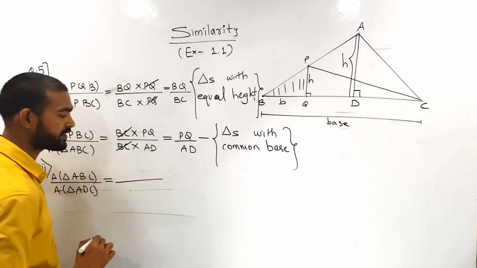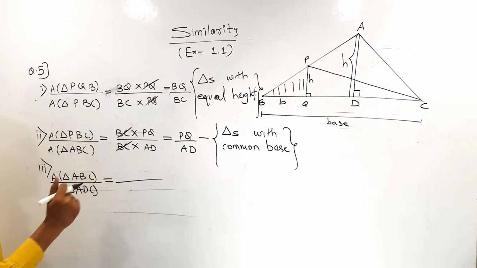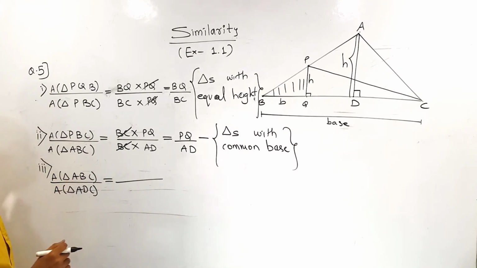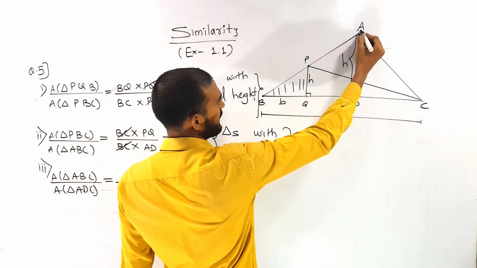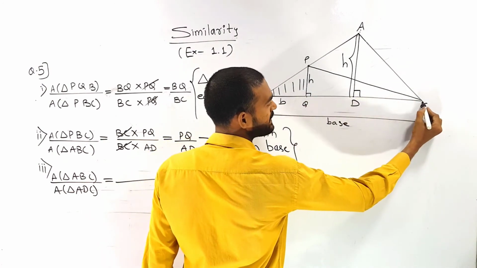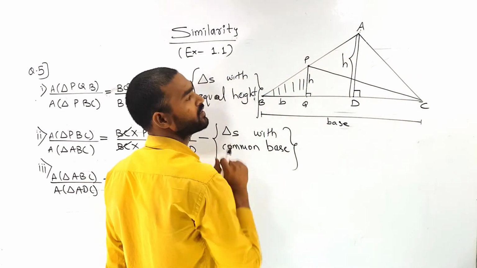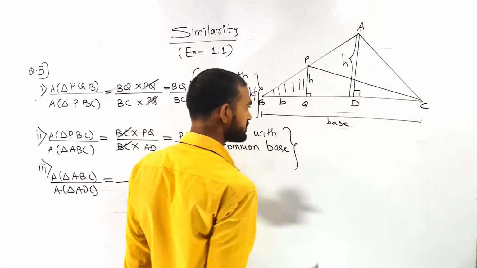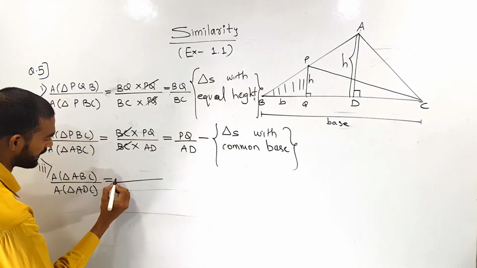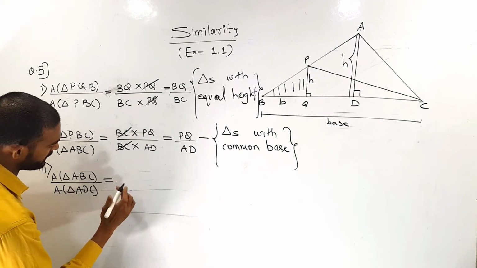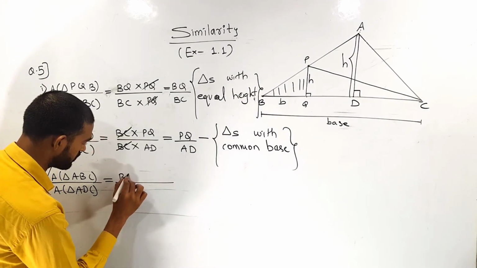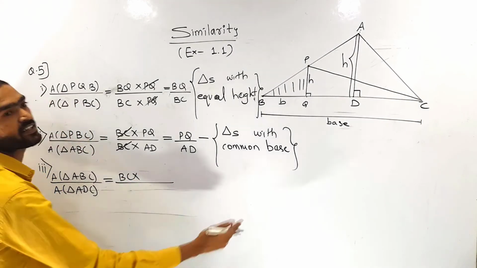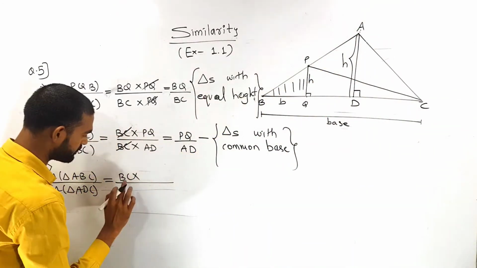Now we'll do the same thing. Let us start. First we'll check ABC, my largest triangle. Here my height is AD. My base is BC. So I'll write my base BC. What is my height? My height is AD.